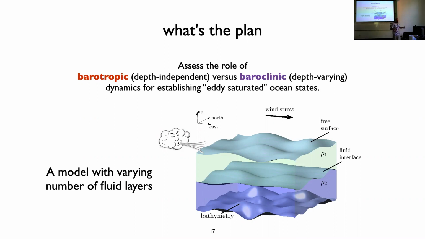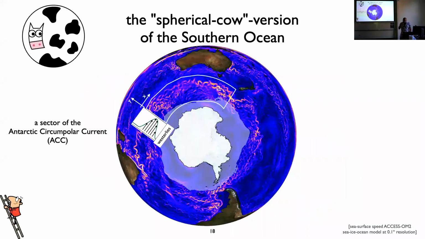And so we will take a very, very simple ocean that consists of a number of fluid layers of constant density. Of course, this is an idealization. We'll have some mountains at the bottom of the ocean, and we'll be blowing some wind at the top of the ocean. And this is what I call the spherical cow version of the Southern Ocean.